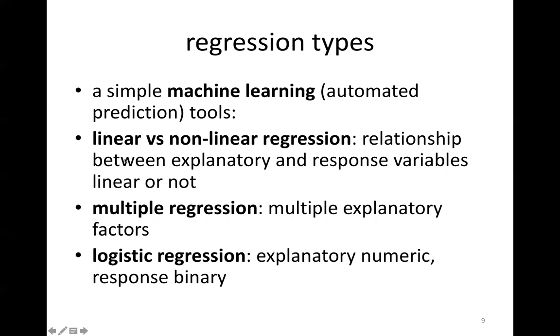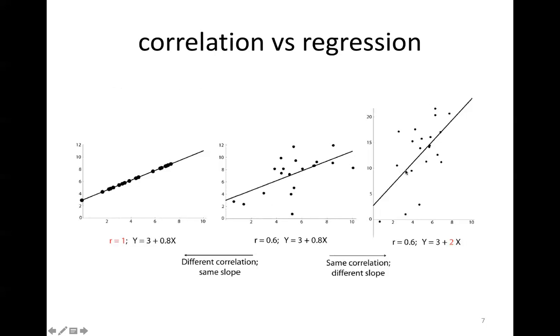The main type we will be learning today is linear regression, but we'll also briefly touch upon non-linear regression types. What distinguishes linear from non-linear is basically whether the relationship between the explanatory and response variables is linear or not, whether it can be described as a line, as in these cases. Whereas a curve would be non-linear.